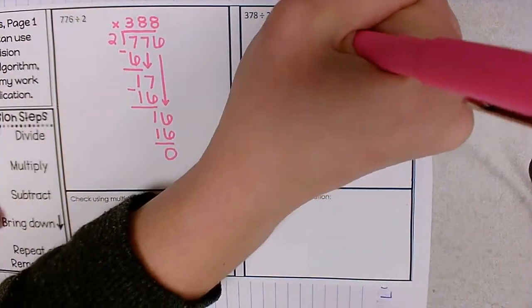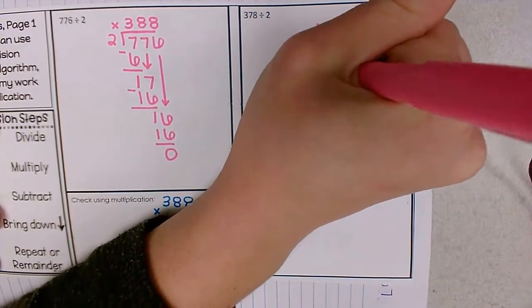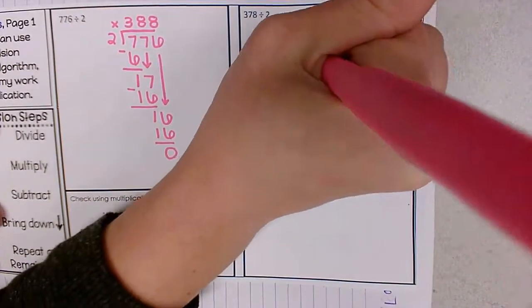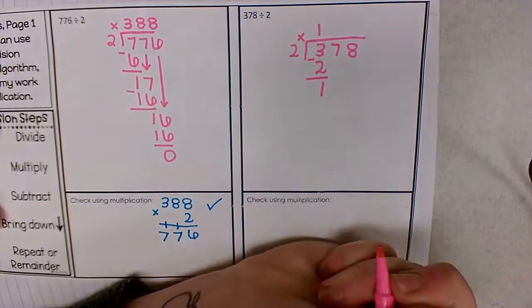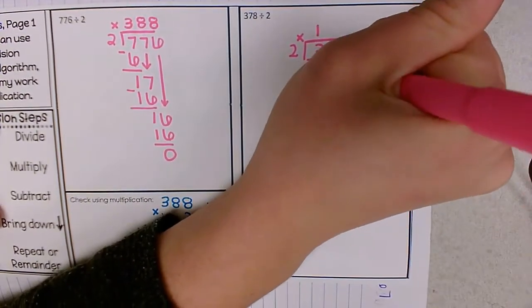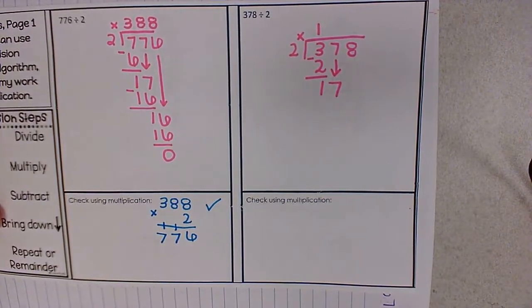Multiply. 2 times 1 is 2. Divide, multiply, and subtract. Bring it on down and bring it on back.